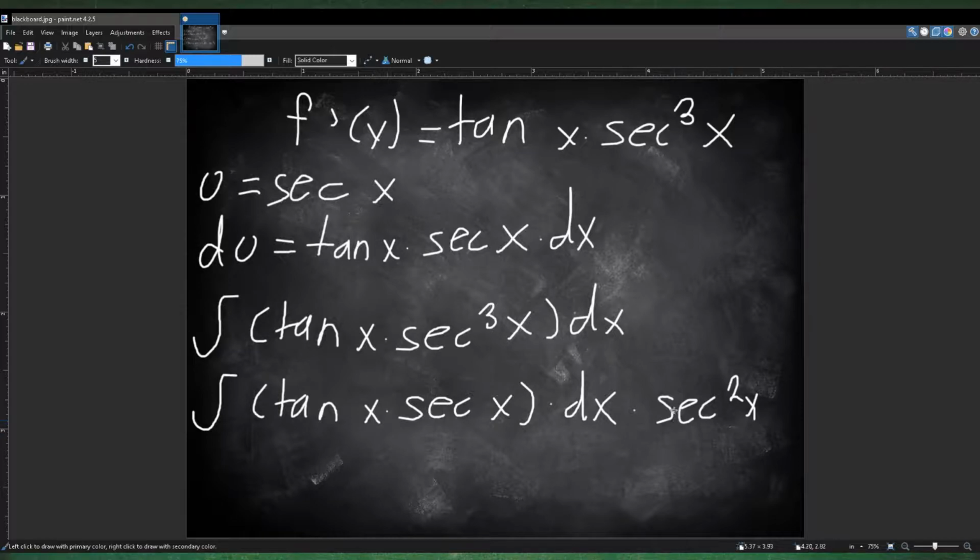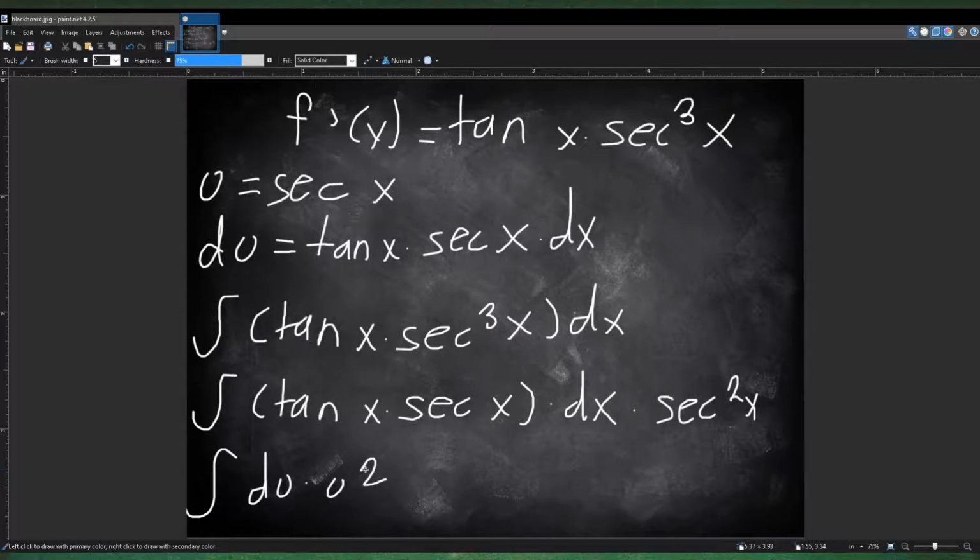It's not proper notation. You probably want to write the secant right here, but for this purpose, I'm just trying to show you where it goes. So tangent of x times secant of x times dx, well, we already got it right here, right? That's du. And then we have secant squared of x. Well, I already have secant of x, which is u, so this is just u squared.